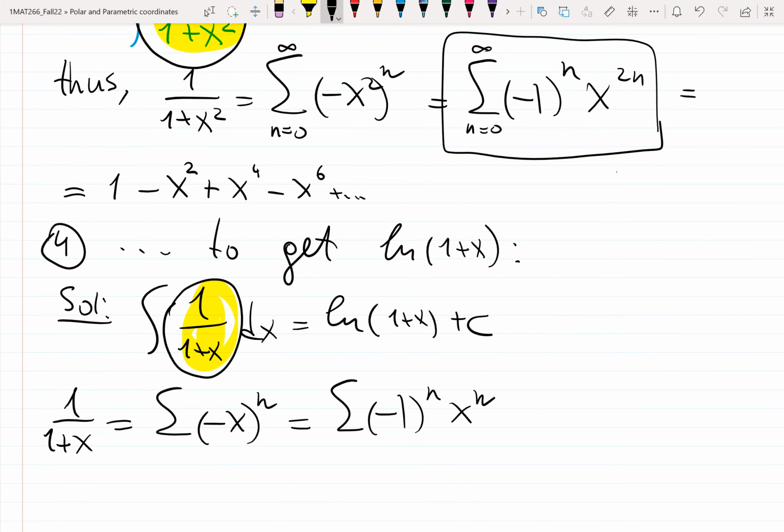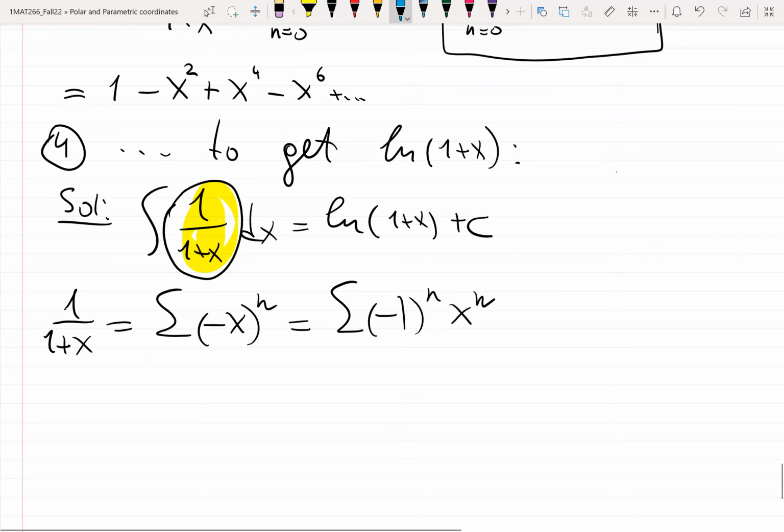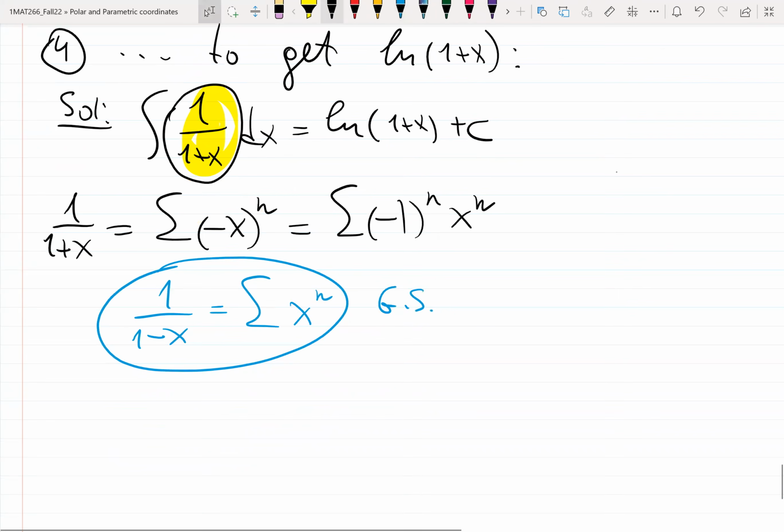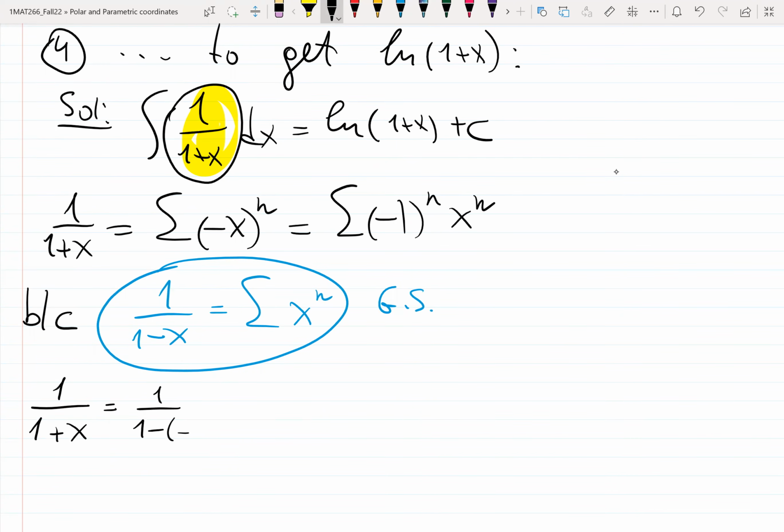How did we get minus x whole to the power n? That's a good question. The formula is 1 over 1 minus x, which is a geometric series. So the moment I see it doesn't match, I have to fix whatever is not matching. 1 over 1 plus x can be written as 1 over 1 minus (minus x).